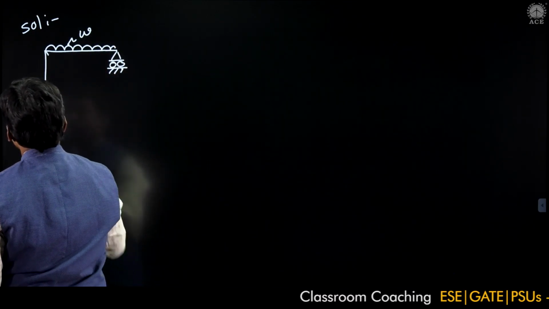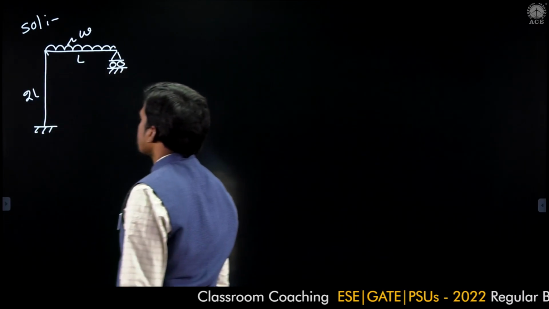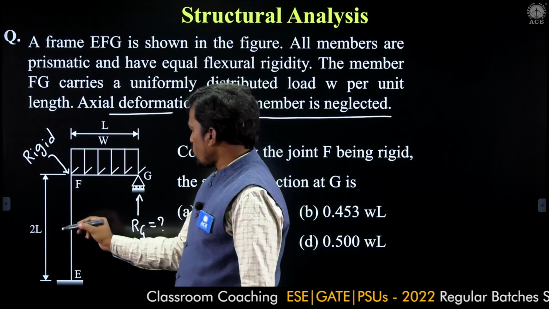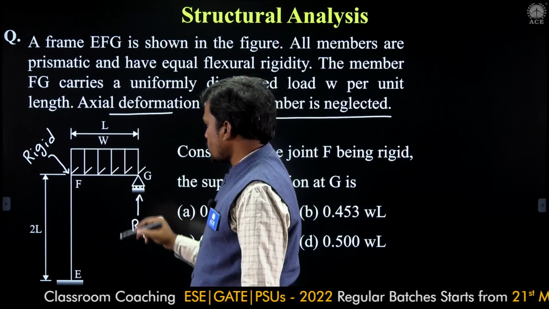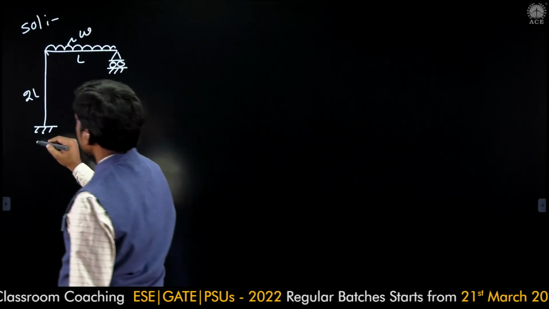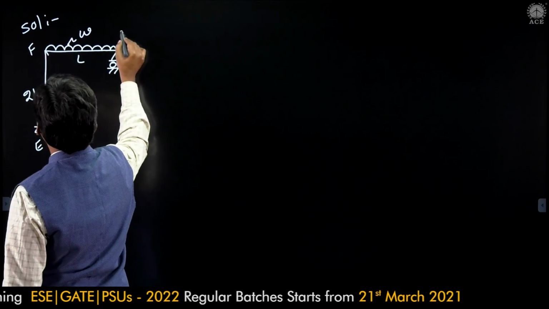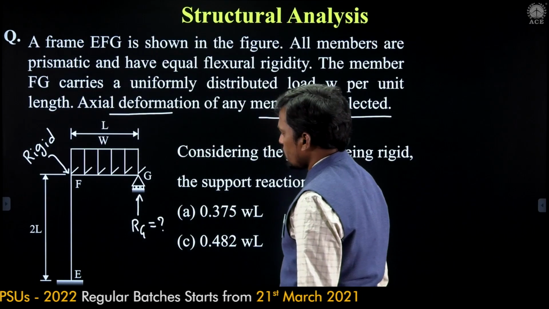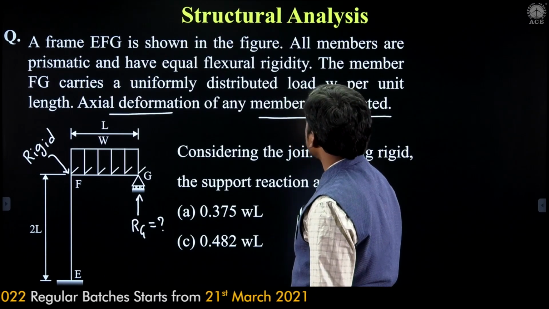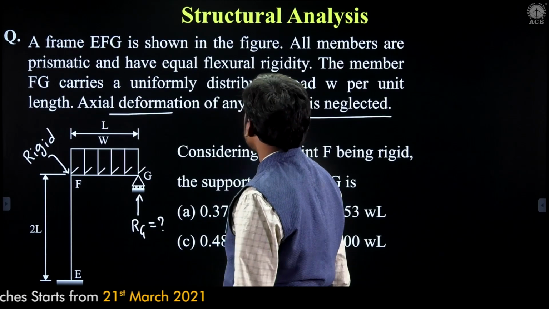This length is given as 2L and this length is given as L. This is E, this is F and this is G. That's it, EFG. What is the given data? Axial deformations are neglected.